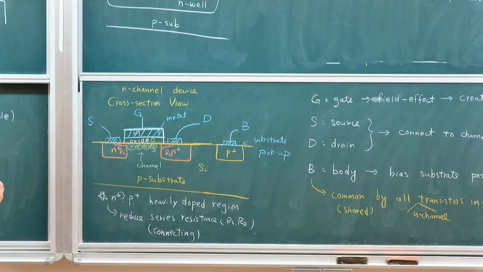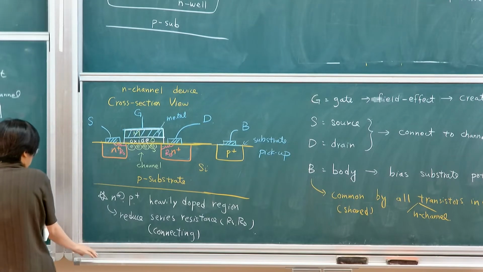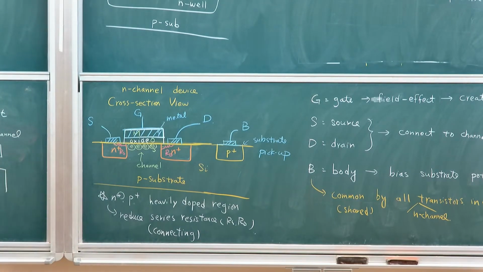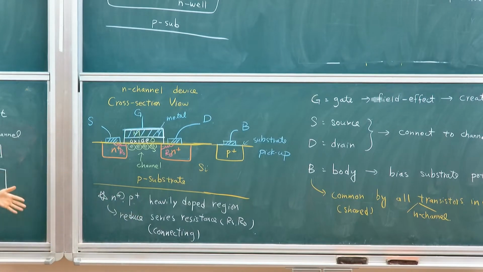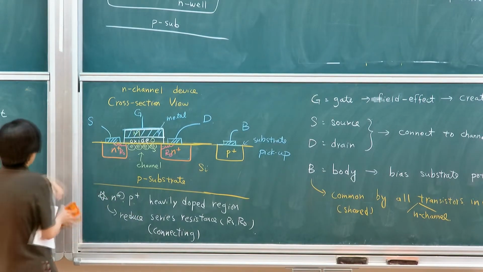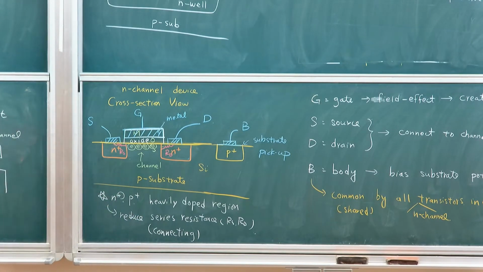And lastly, if I have a little time, if you look at the structure when you cut it perpendicular to the channel surface, this is how it looks. But what if you want to look at it as a bird's eye view, looking from the top?